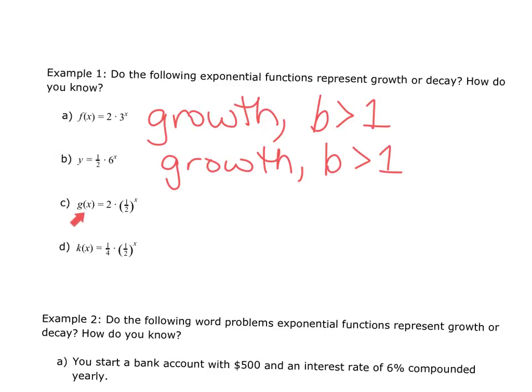C says g of x is equal to 2 times 1/2 to the x. Decay, because b is what? 1/2, which is less than 1, bigger than 0, right? So I've got decay.